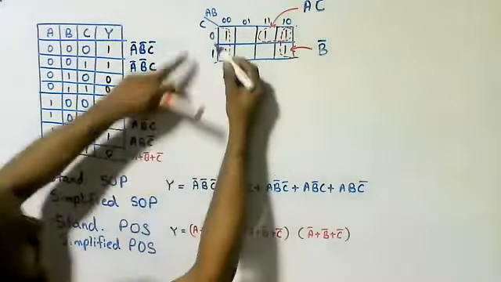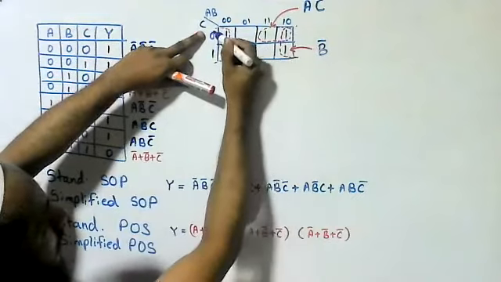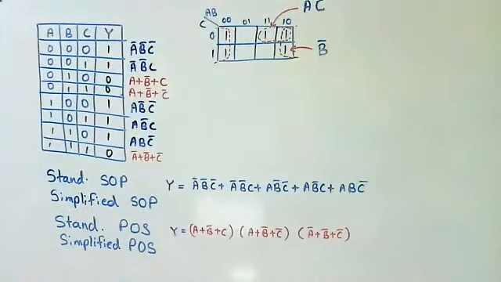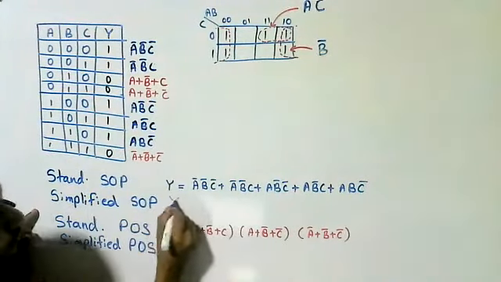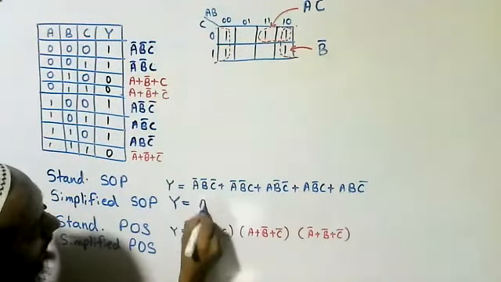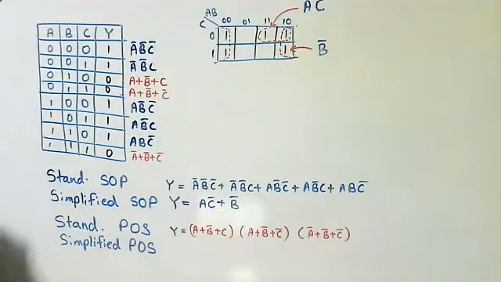Value of C here 0, here 0, here 1. It is changing, so no need to take that. So we can write the simplified SOP expression like this: Y equals A C bar plus B bar. Hope it's clear.